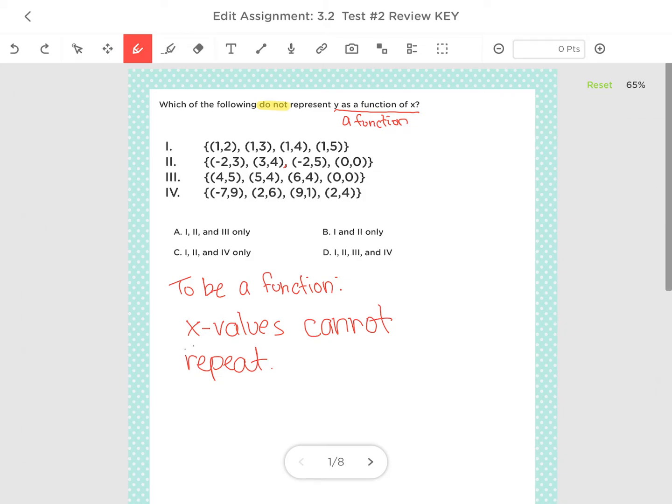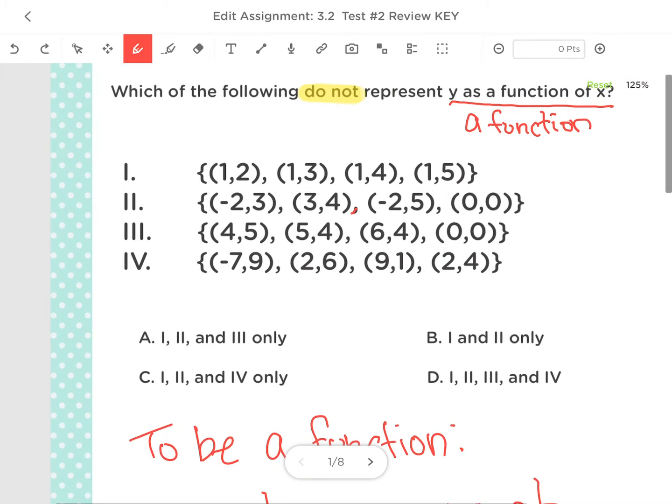So because we want it to not be a function, we want the x values to repeat for this answer choice. Looking at number 1, we have 1 as an x, 1 as an x, 1 as an x, 1 as an x. All of those x values repeat to different y values, so that's going to be one of our options. Looking at number 2, we have -2, 3, -2, 0, so the -2's repeat. So that's one of our options.